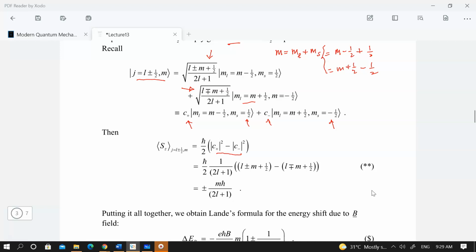Remember, this is a modulus square, so you have to square that, and there's a common factor here given by 2L plus 1. So you can bring it out. What's left is the numerator, which corresponds to that coming from here, and this one coming from here.